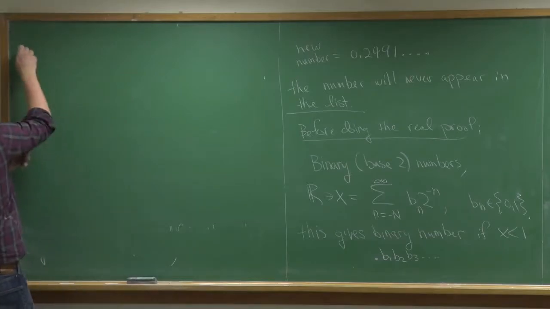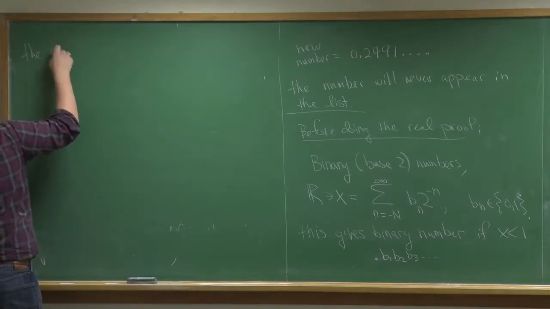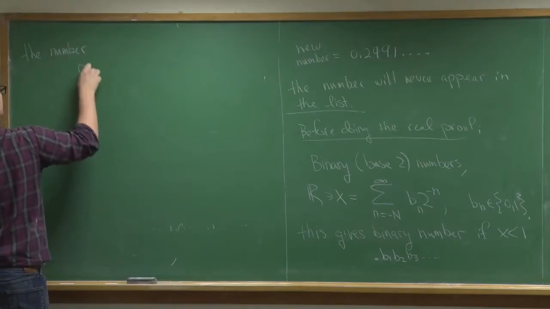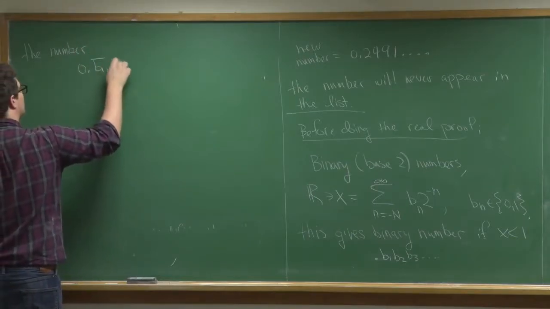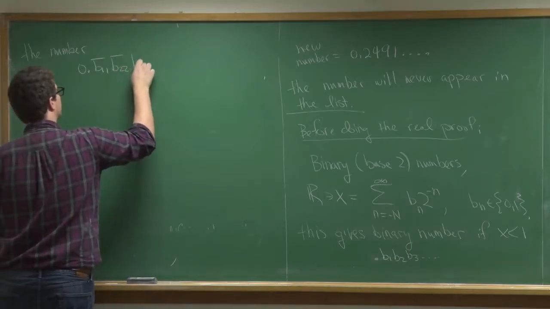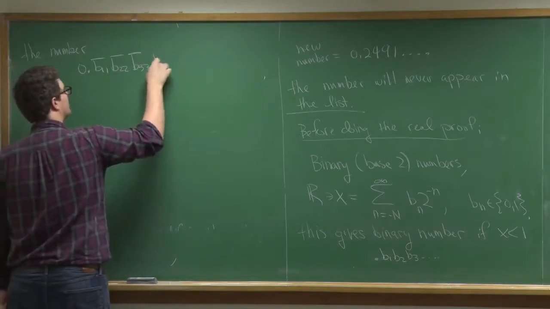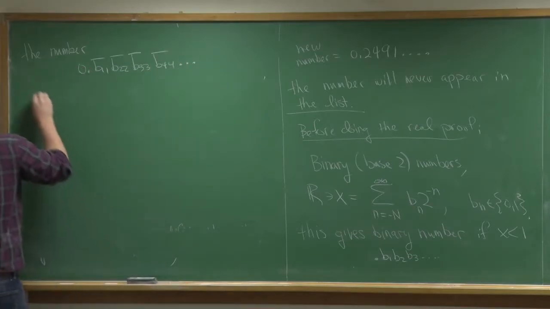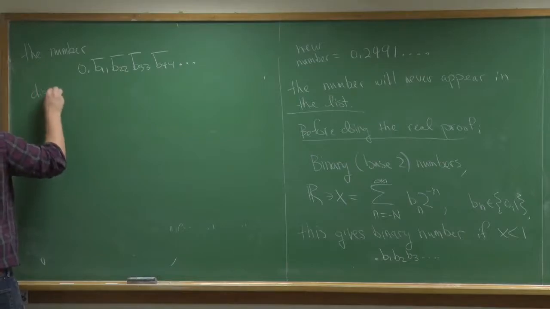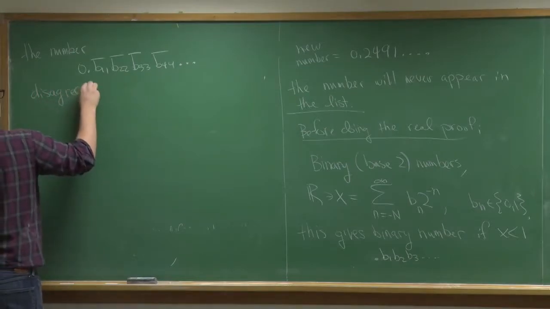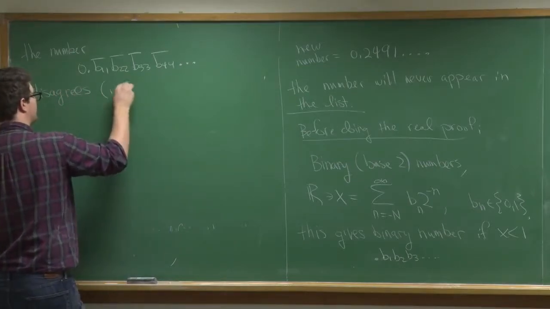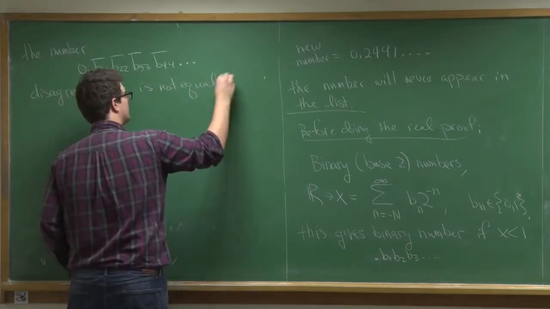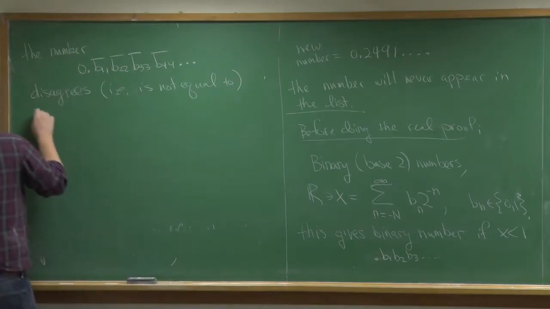So the number 0.b11 bar, b22 bar, b33 bar, b44 bar, like this, disagrees. So it is not equal to every number in this sequence.